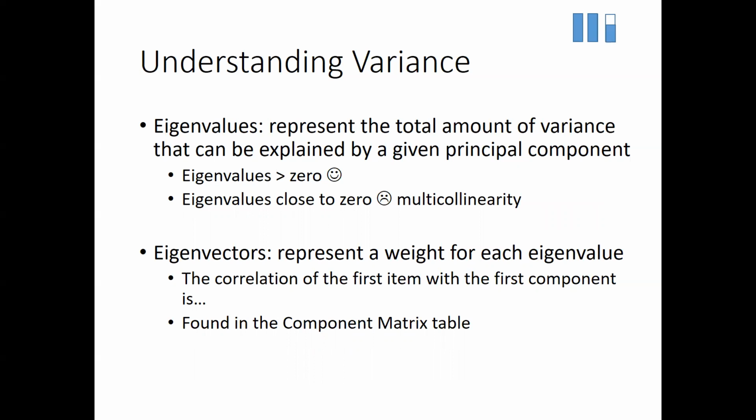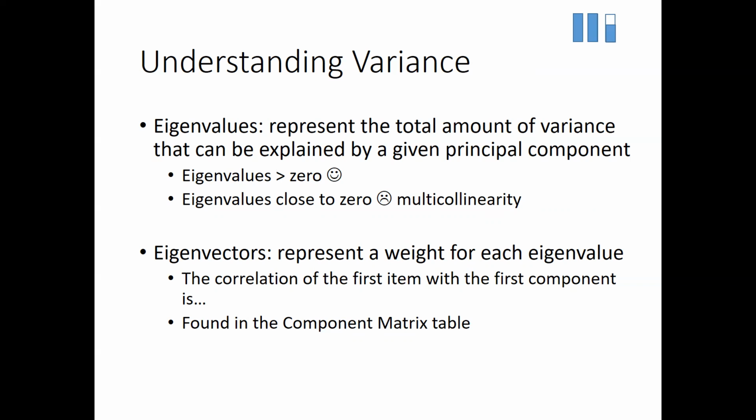Eigenvalues that are greater than 0 are good. But if you have an eigenvalue that's close to 0, that is representative of what we call multicollinearity, which you all know what that means, right? It's when factors are basically correlated highly with each other. And so it creates a value that is not very large. So again, eigenvalues, variance values. Maybe that's one way to do it.